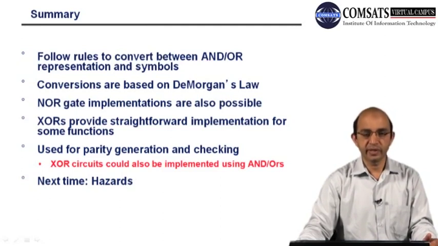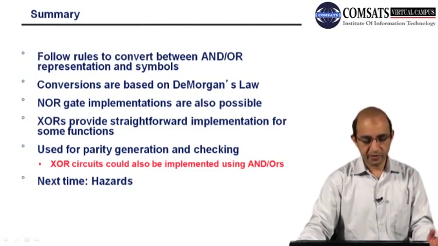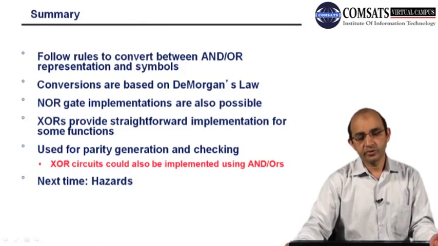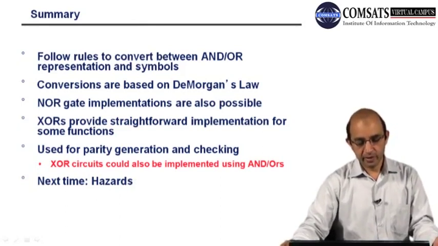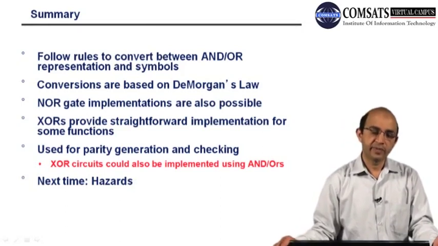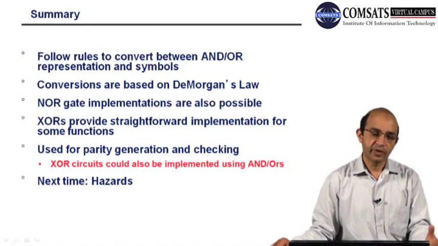Whenever we want to use NAND gates, because they are universal gates, we want to use them as much as possible. And we have seen how we can follow certain steps to get the NAND-NAND implementation or conversion.